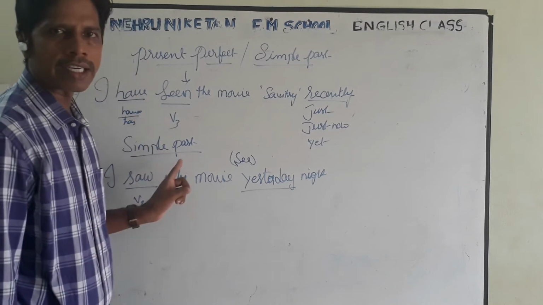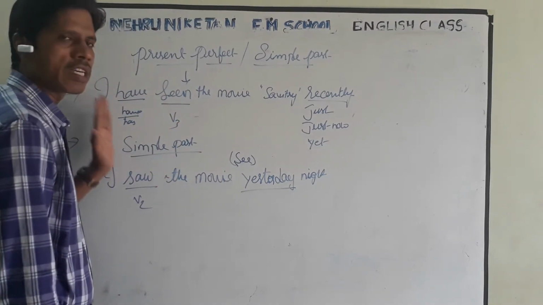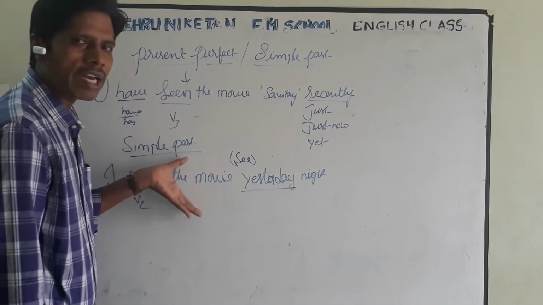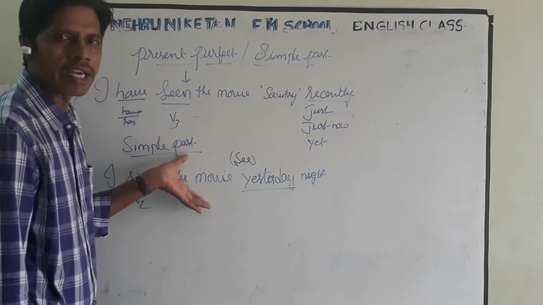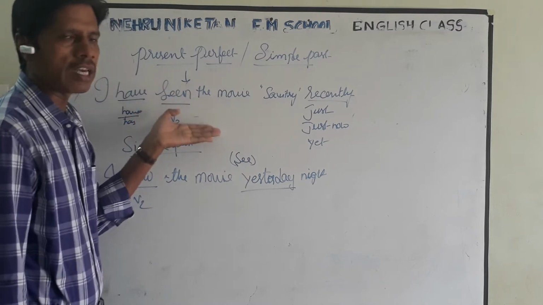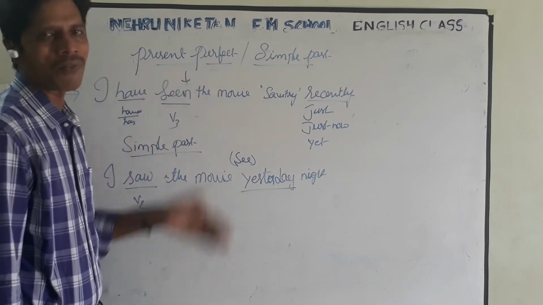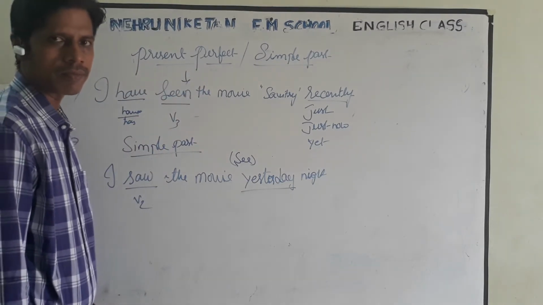Both are completed actions, but the variation is that here the time is indicated, whereas in the present perfect sentence we can't find the time indication.